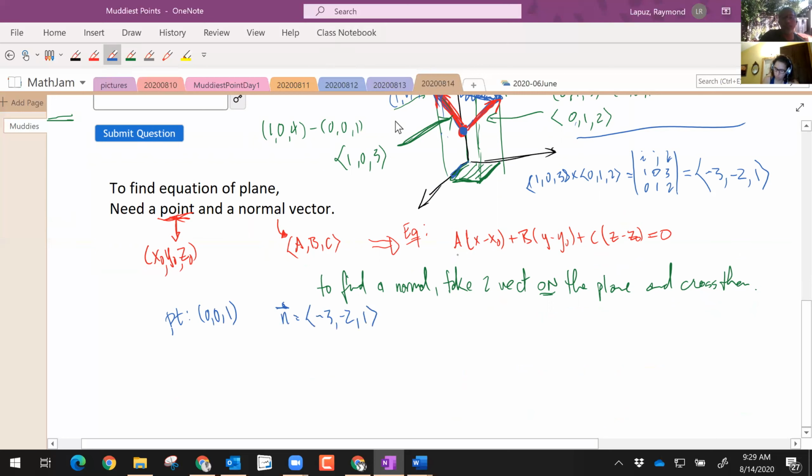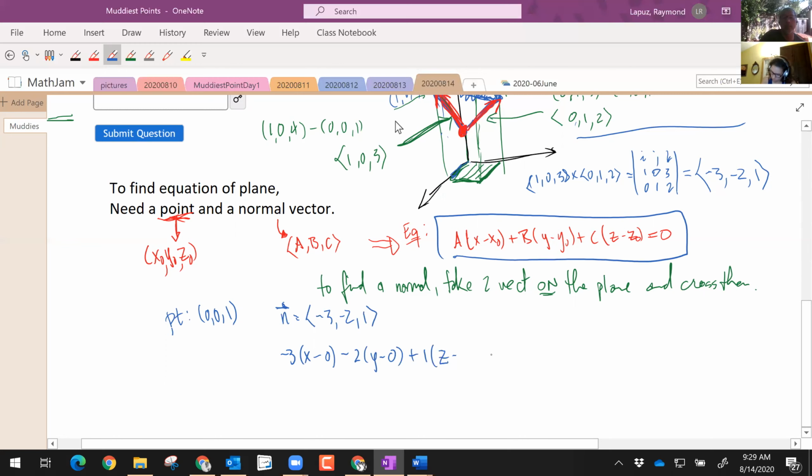So let's just plug it into this formula. That's minus 3 times x minus 0, plus negative 2 times y minus 0, plus 1 times z minus 1 equals 0.